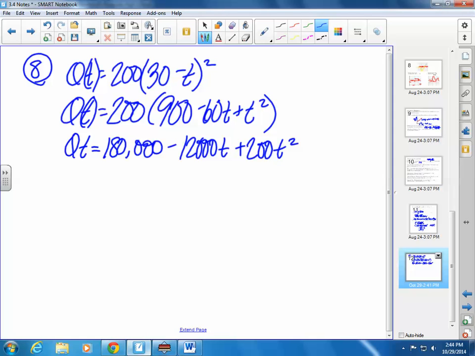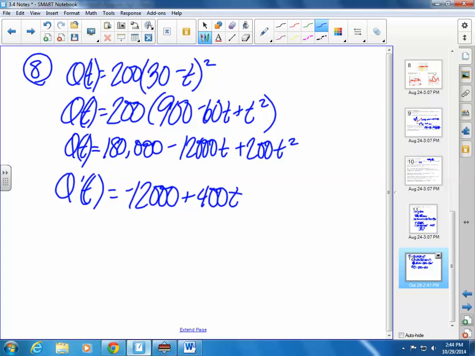So your derivative, your rate of change, would be what? Negative 12,000 plus 400t. Now it wants to know the rate of change after 10 minutes, so that's where I'm going to plug in my 10.